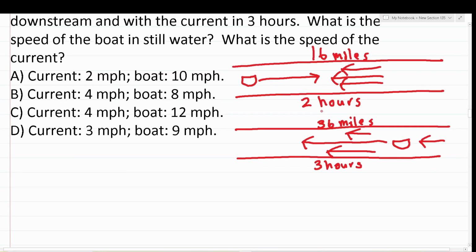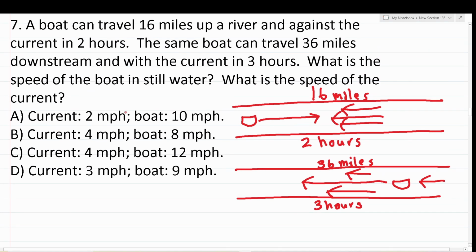All right, so you should recognize that you have all the elements of the distance formula. Again, according to my reference sheet, we know that we can find distance by taking rate and multiplying it by time. That is, distance equals rate times time. Clearly, we have a distance right here, notably 16 miles, and we have a time right here, 2 hours.